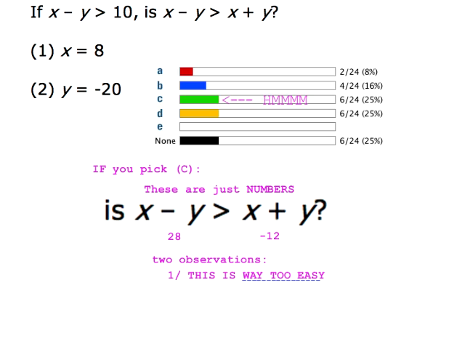Anything that is substantially easier than the first few data sufficiency problems in the OG is not right, not how the problem works.